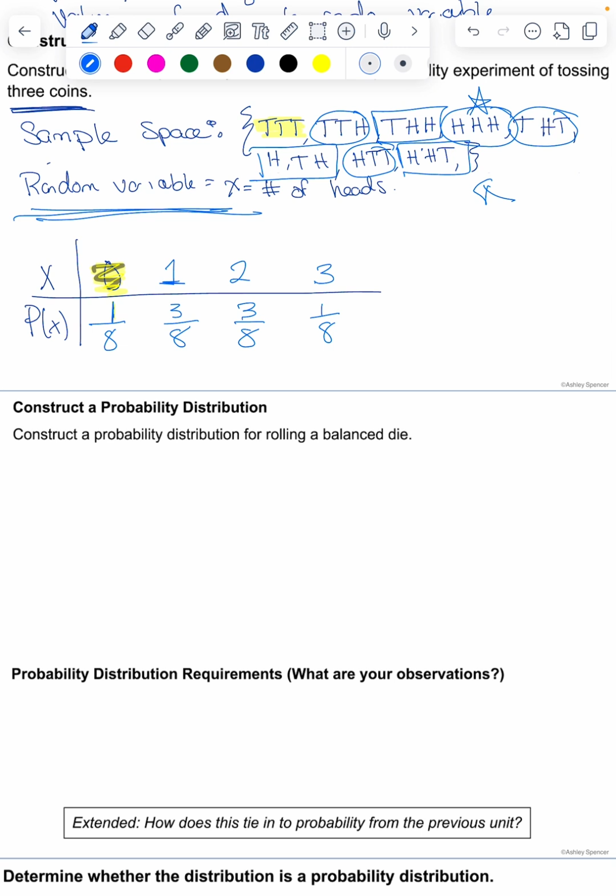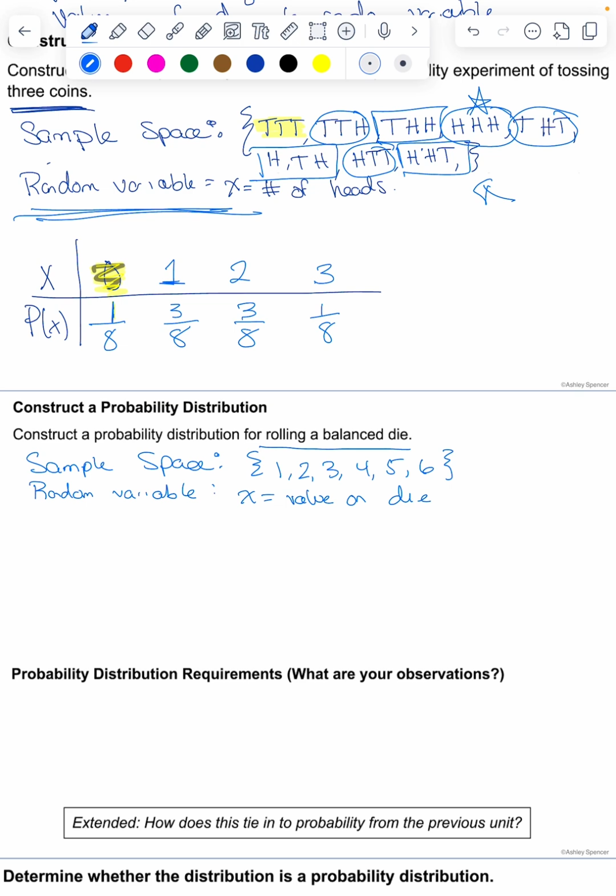So let's construct a probability distribution for rolling a balanced die. That just basically means a die with 1 through 6. So what is the sample space for one die? You've got 1, 2, 3, 4, 5, and 6. So if I let the random variable, we'll call it x, equal the value on the die, which is 1, 2, 3, 4, 5, or 6, those are going to be all of my random variables.